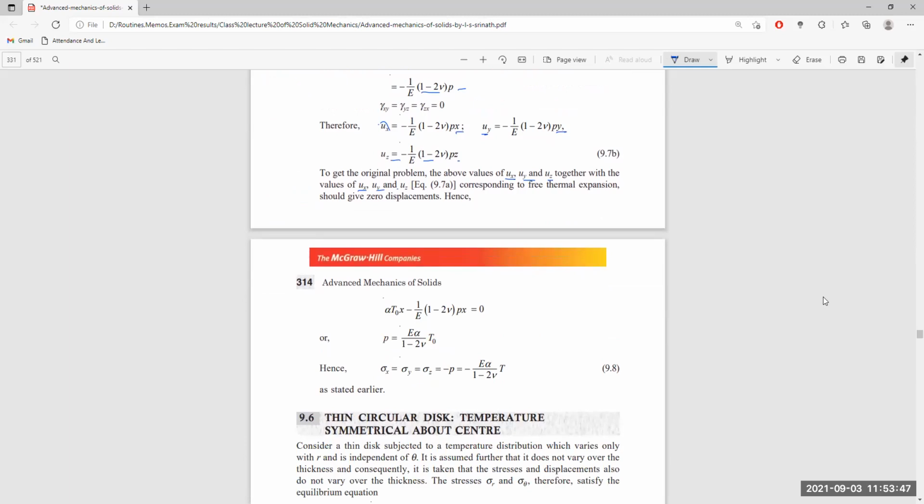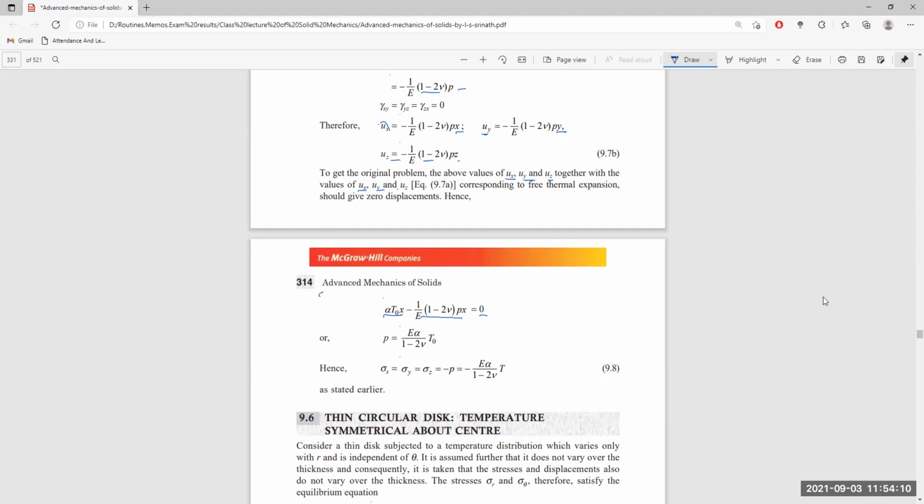So what we are doing is taking the difference between the thermal strain and the strain due to the pressure P, which is supposed to be equal to 0, because no residual strain is possible here, due to the maintenance of the equilibrium condition itself.